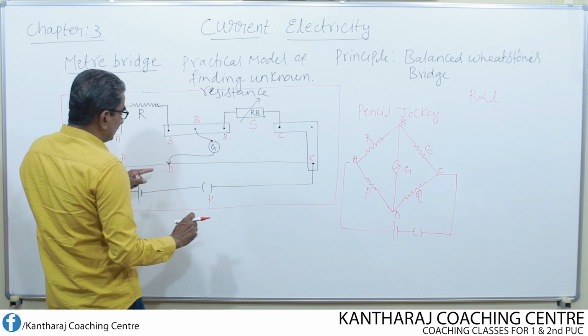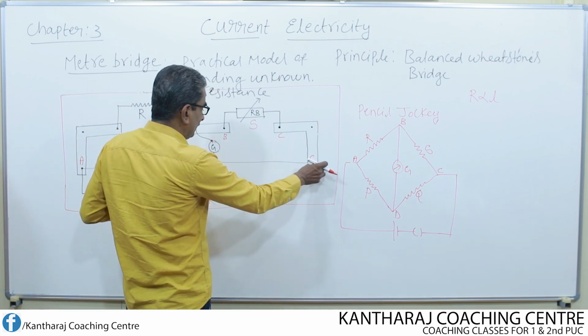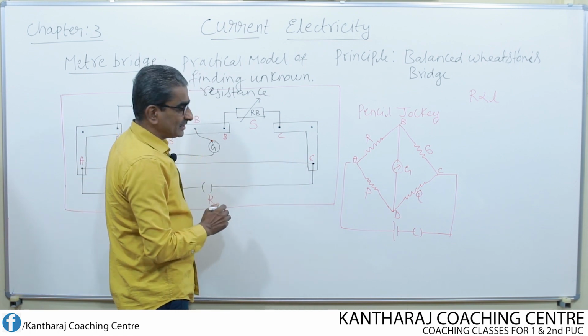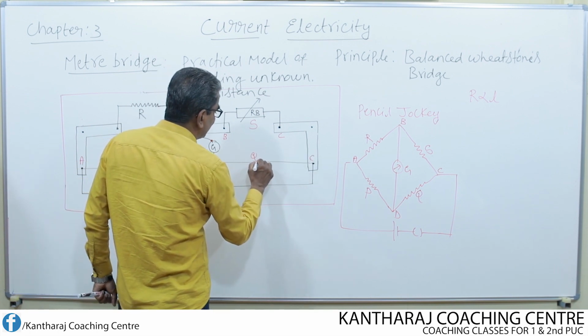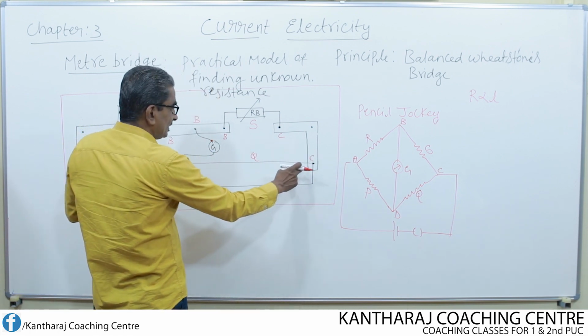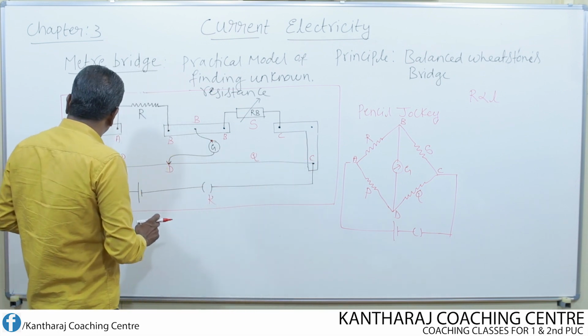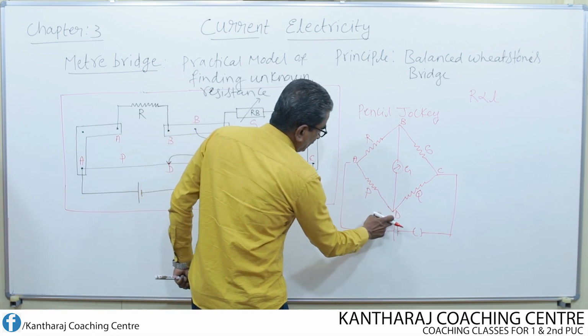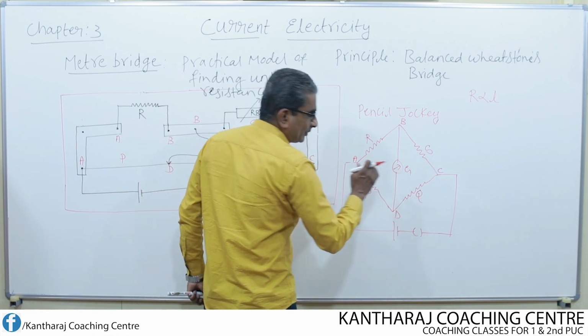P is there. Then the remaining length of the wire, between D and C, will have its own resistance, and let us consider that resistance as Q. That means DC equals Q, AD equals P.